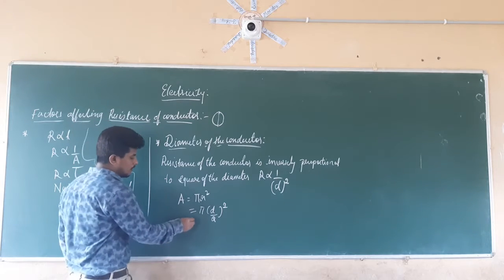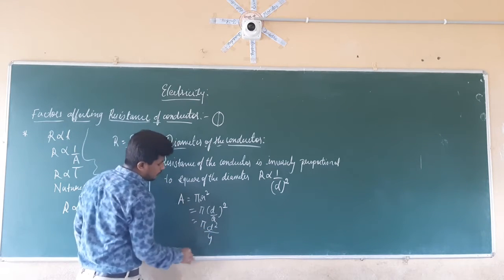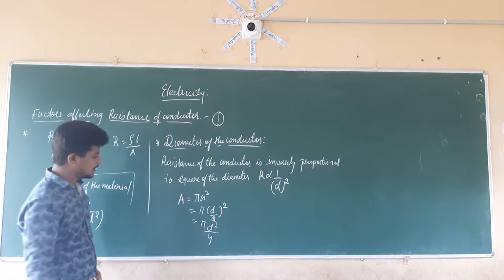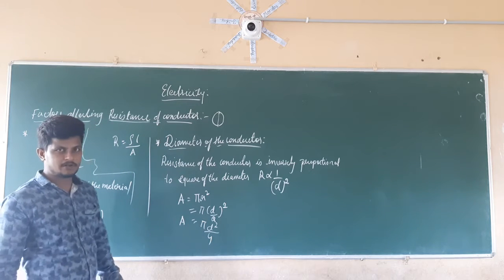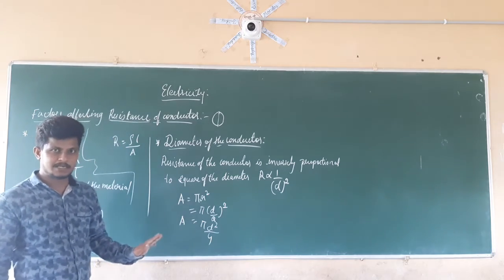Therefore, the area can be written as pi d square divided by 4. It can be written like this.